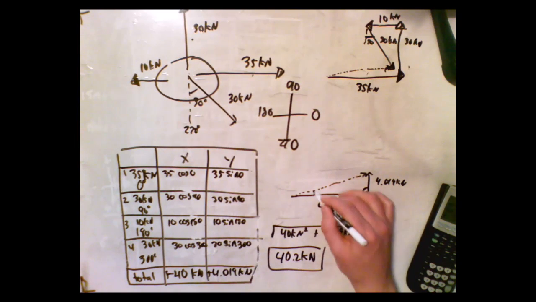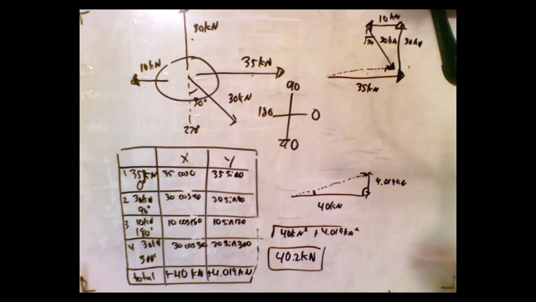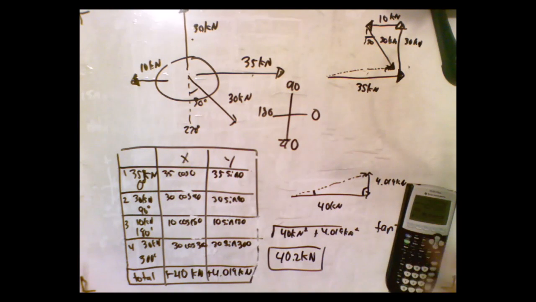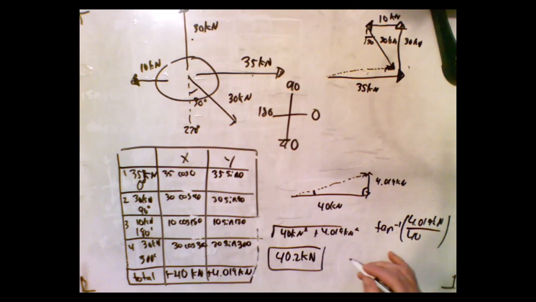And then I need my angle. So to get my angle, I'm going to tan inverse of opposite over adjacent, and I get 5.74 degrees.